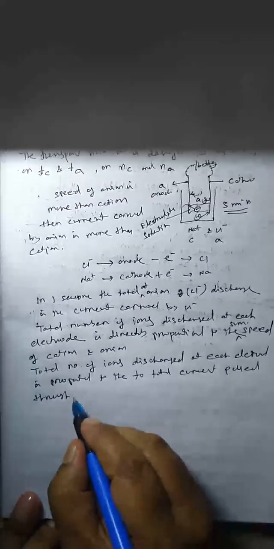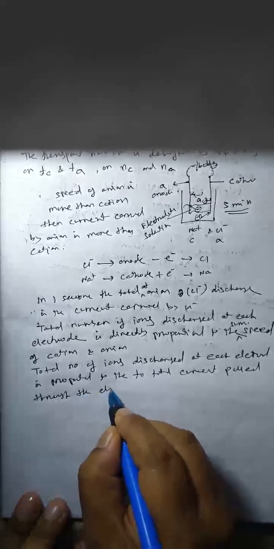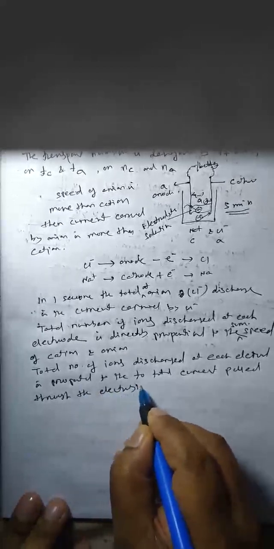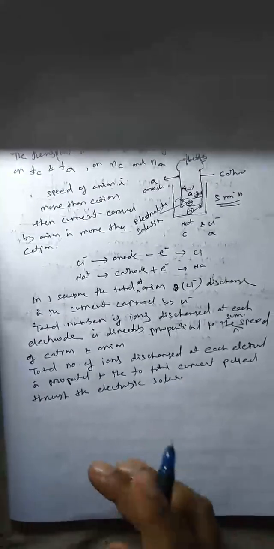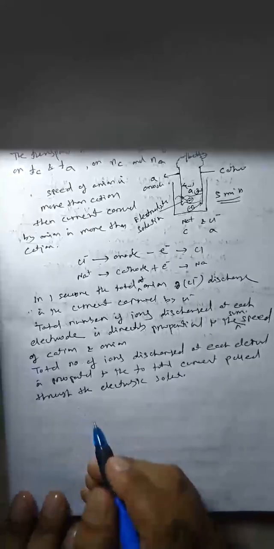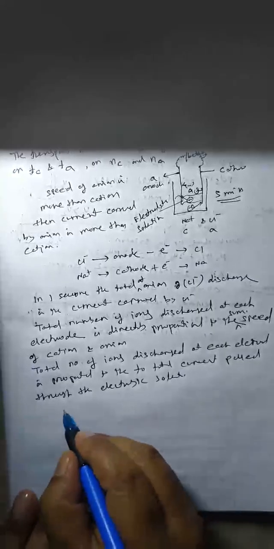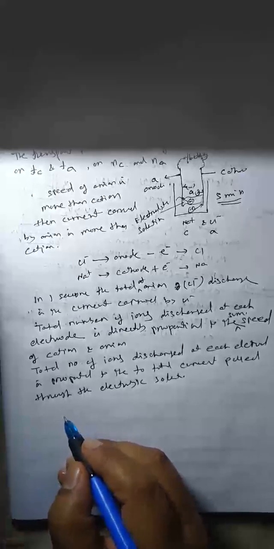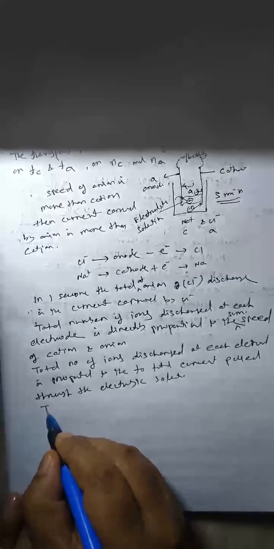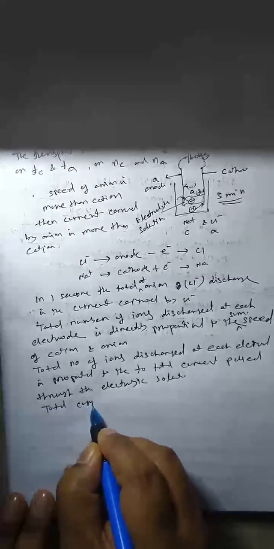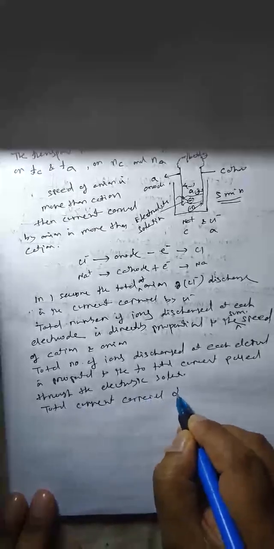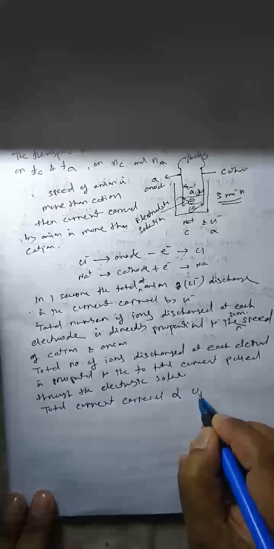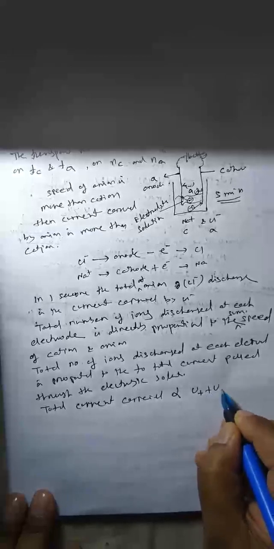That means the total current carried by the cation and anion is directly proportional to the speed of cation plus the speed of the anion.